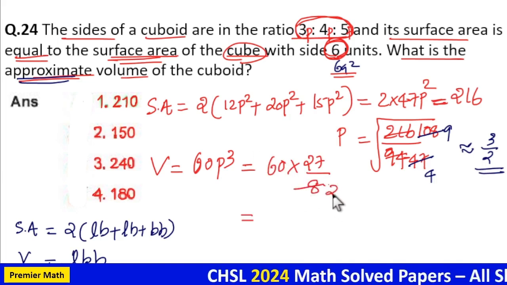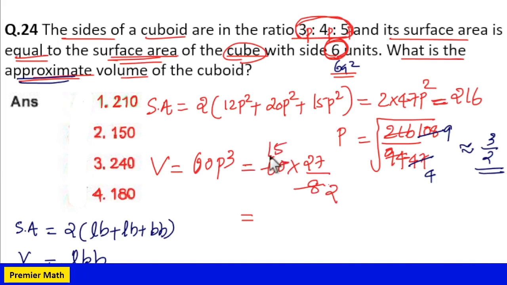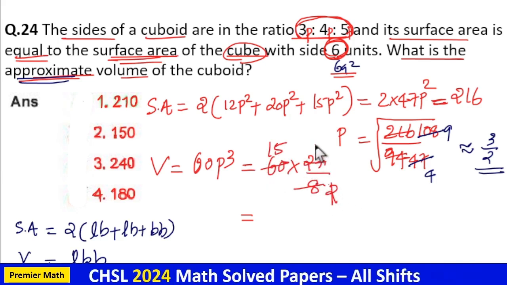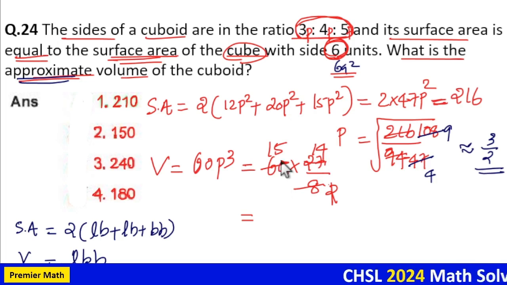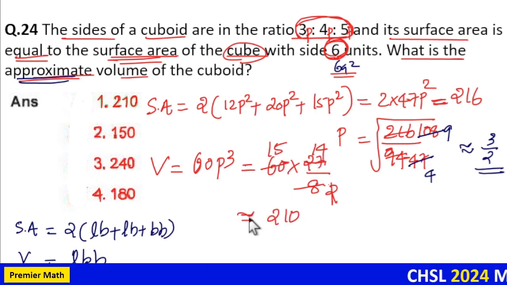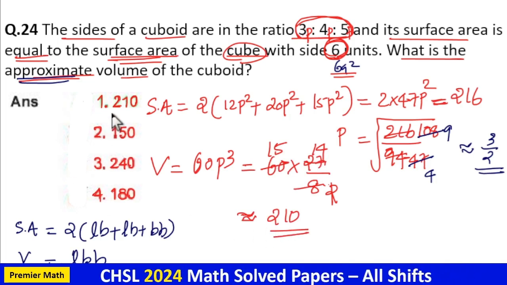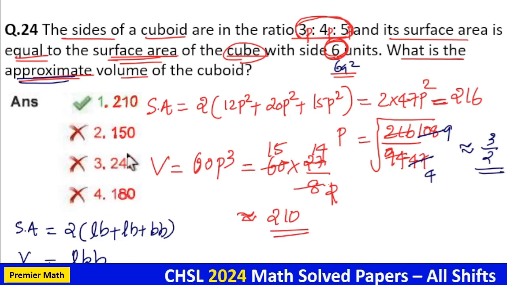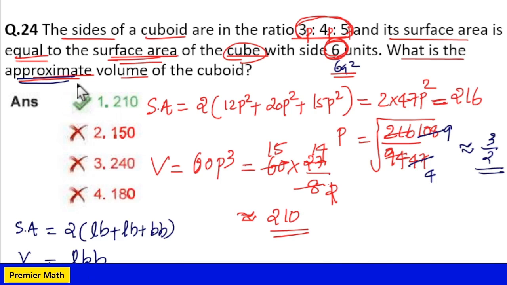Now 4 goes 2 times in 8, 4 goes 15 times in 60. And if I approximate it as 28, 2 goes 14 times in 28. So 15 into 14 is 210. So this is the approximate value. So option 1 is your answer. Question clearly says you can approximate.